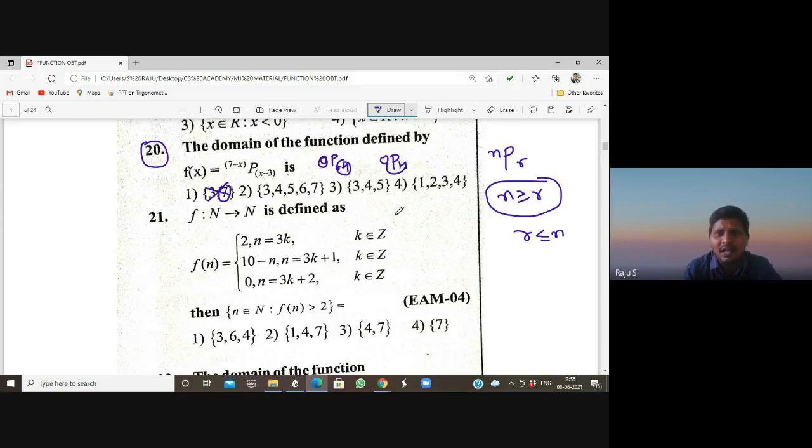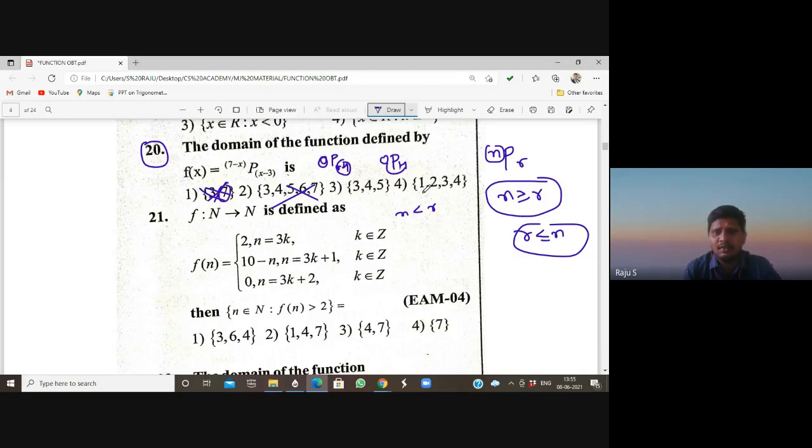We got n value lesser than r, but the actual condition is that r must be less than or equal to n. When I take x equal to 7, 0P4 doesn't exist. So at 7 it doesn't exist, so the first option and the second option are wrong.